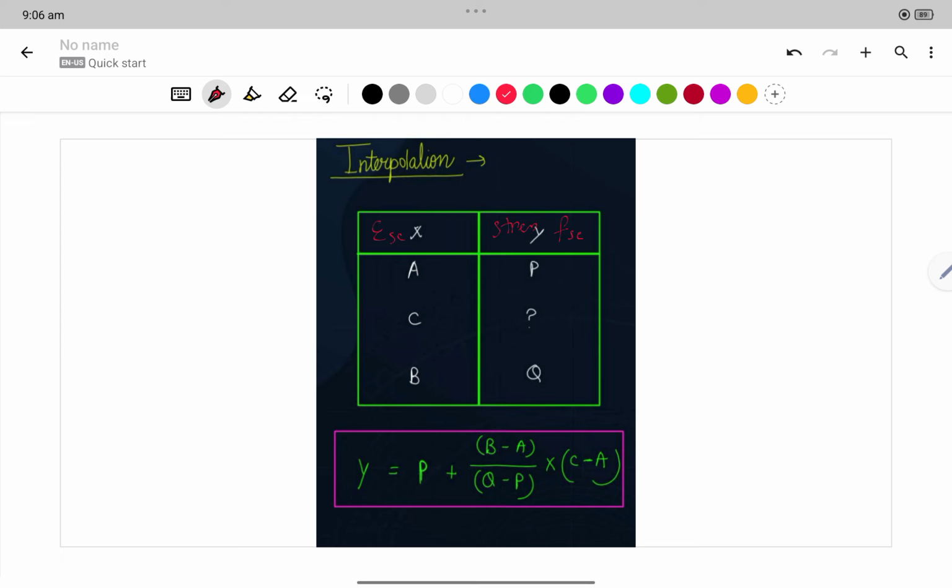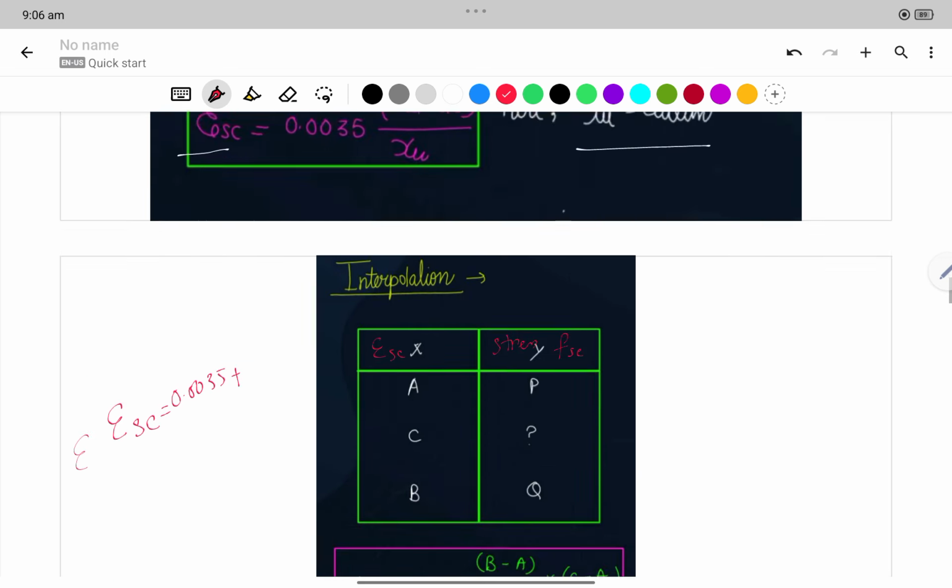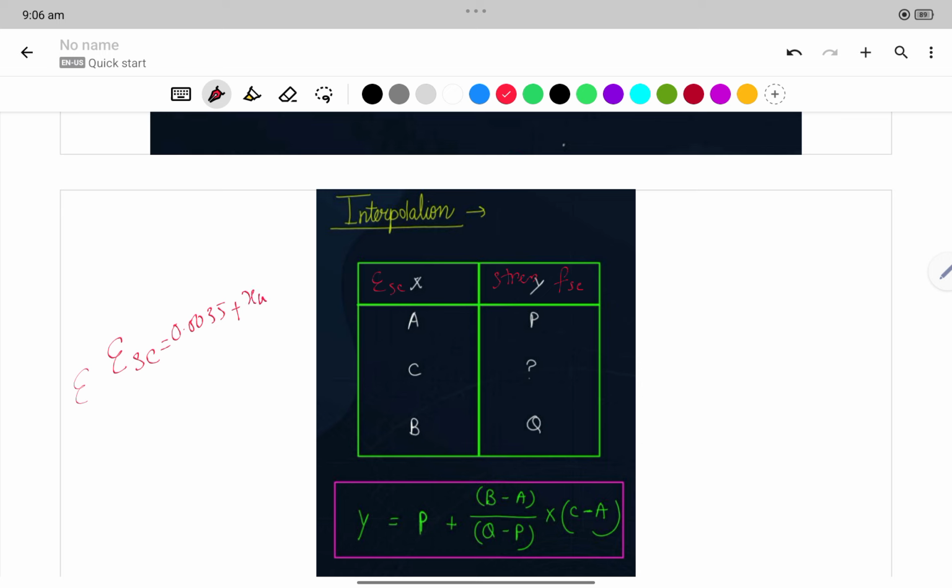You will find the formula that is given, epsilon SC is equal to 0.0035 (XU minus DC) divided by XU. So from this formula you will get the value of epsilon SC here. With this you have to find FSC. So then you have to do the interpolation.